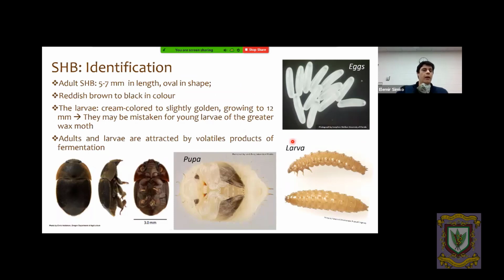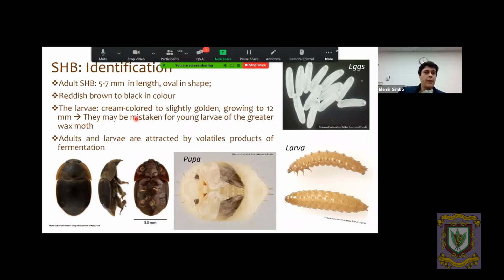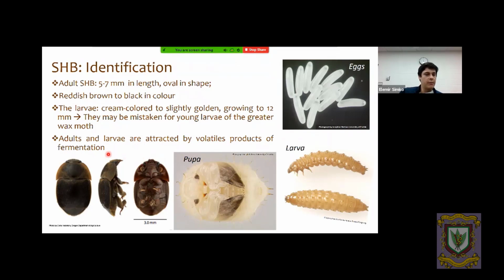A little bit of information for the identification of the species. Usually the adult is 5 millimeters in size, and it has this very characteristic oval shape, as we see here. The color is usually reddish brown to black.